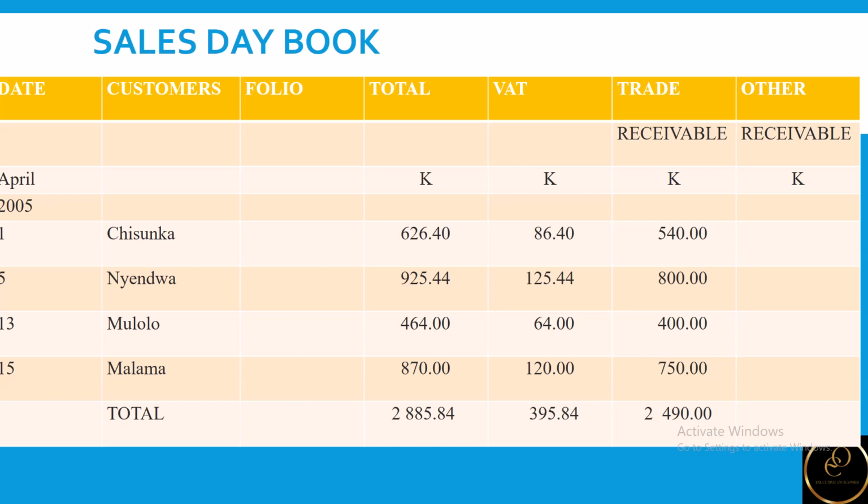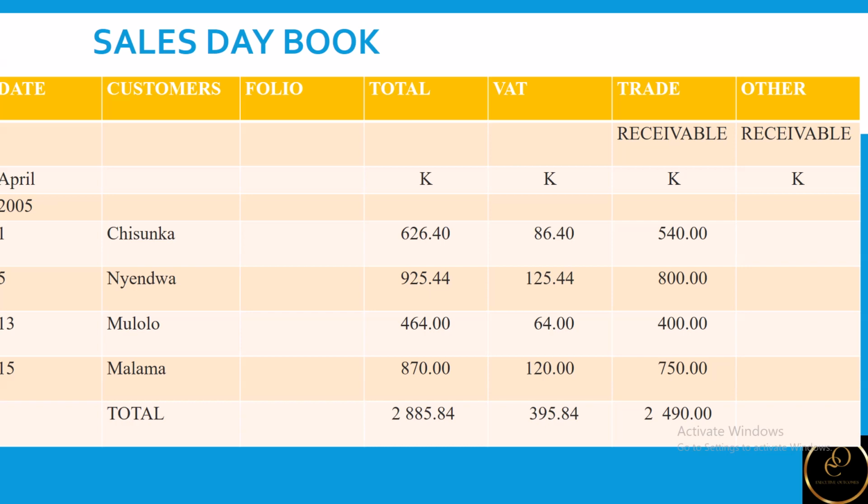The folio is a column that normally is given to show the indexing, where you need to cross-reference the amount, for instance. So here we have Mr. Chisunka. You have seen there is trade receivables of 540. That is net, which is excluding VAT.